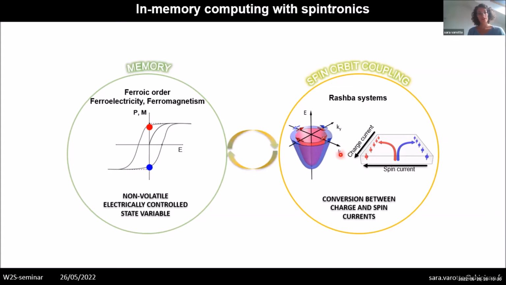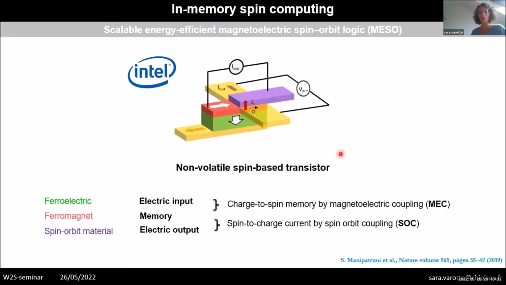So very recently, Intel proposed a basic device called the magnetoelectric spin-orbit logic device, or MESO, that combines exactly this concept. And here I will show you how it works. In this case, the memory functionality is implemented by the ferromagnet. So we store the bit 0 or 1 in the direction of the magnetization.